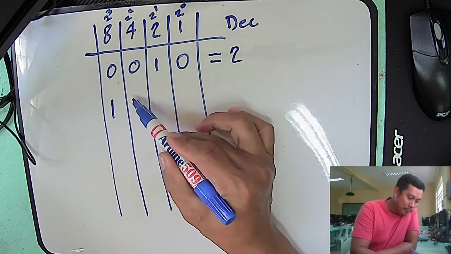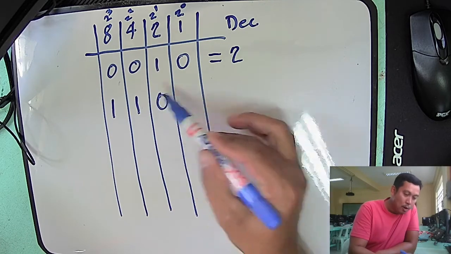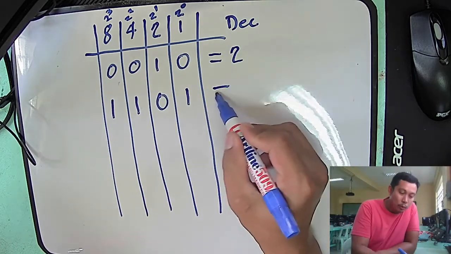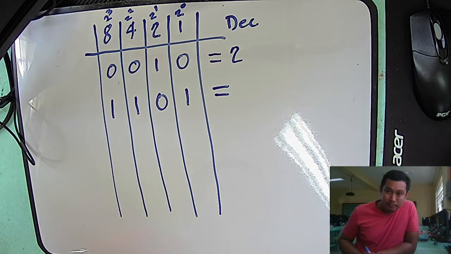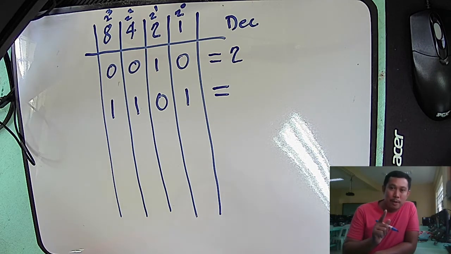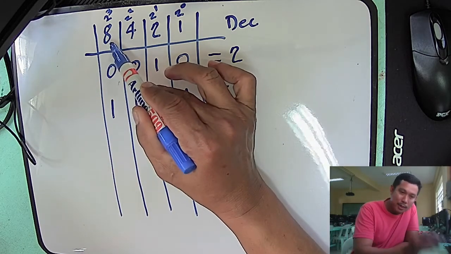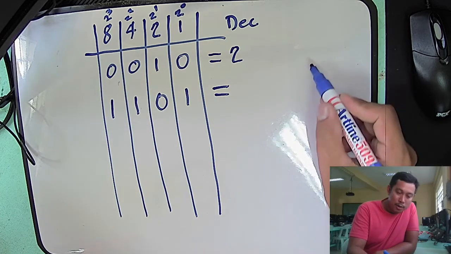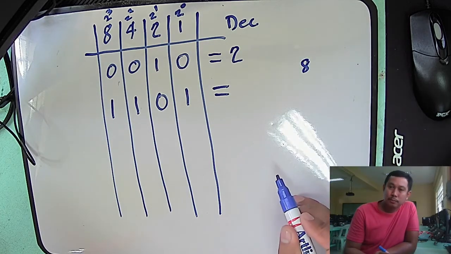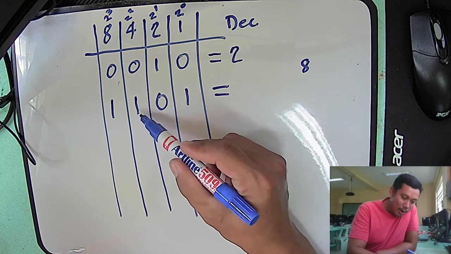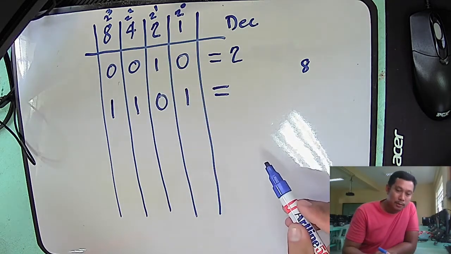What about this one? 1, 1, 0, 1. What is the equivalent of that in decimal? Okay, remember, disregard the 0. Only get the location of 1. Now, the 1 here is located in the 8. So therefore, we're going to write 8. And the 1 here is located here in the 4.